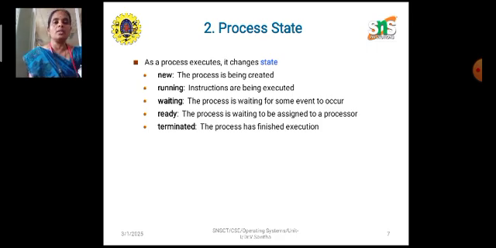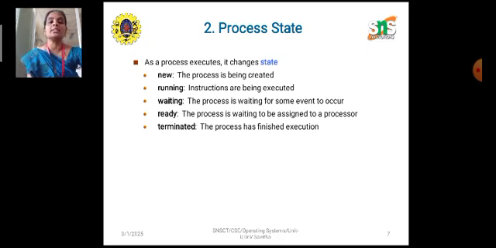Now we'll move on to the various states of the process. The various states include new, running, waiting, ready and terminated. Whenever a process is created, it immediately enters the new state. When the process is assigned the CPU, it is called the running state.